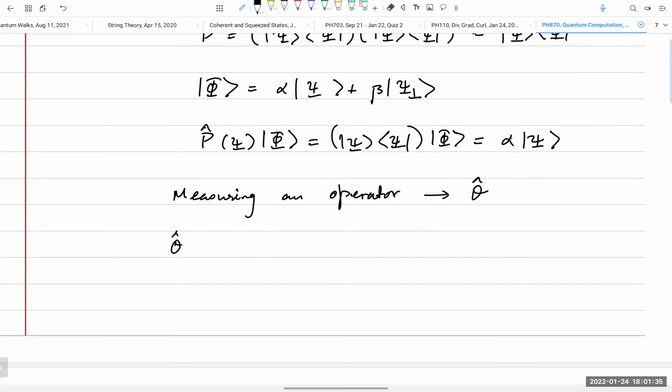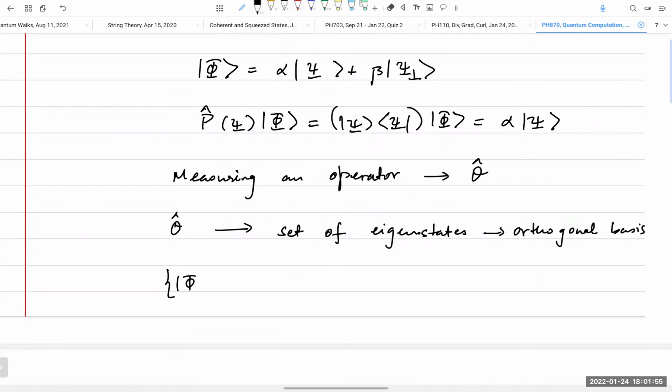O will have some set of eigenstates, and these eigenstates will form an orthogonal basis for my Hilbert space.